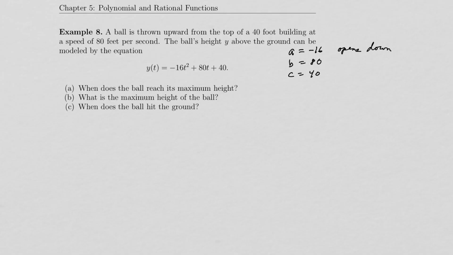Because that means that there's going to be a maximum height. Because it opens downward, y here is going to have some maximum. And where is that maximum going to occur? It's going to occur at the vertex. So the first thing we want to do is find the vertex.